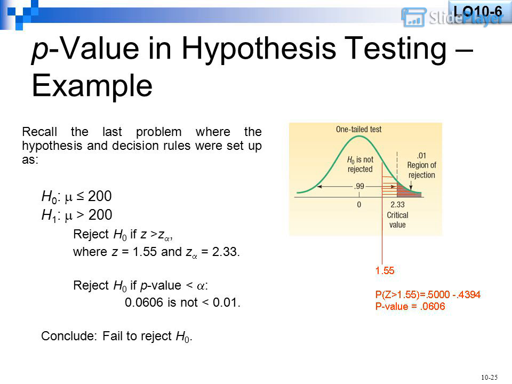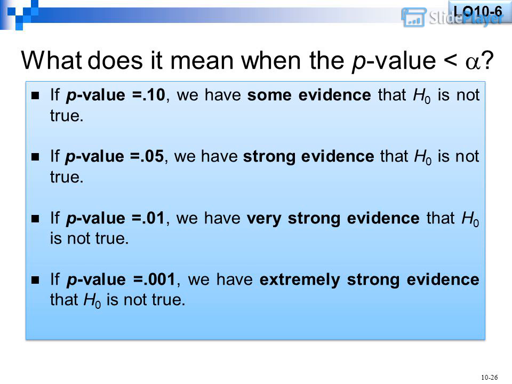Reject H0 if z is greater than z alpha, where z equals 1.55 and z alpha equals 2.33. Reject H0 if the p-value is less than alpha. 0.0606 is not less than 0.01. Conclude, fail to reject H0. What does it mean when the p-value is less than alpha?